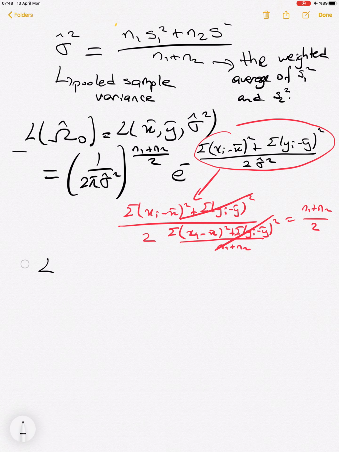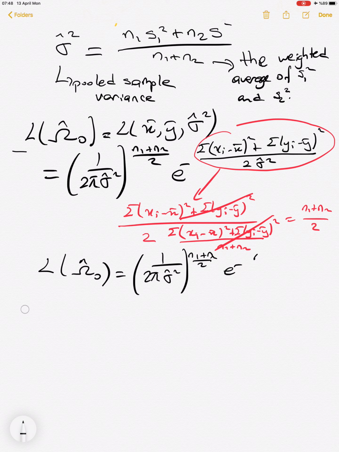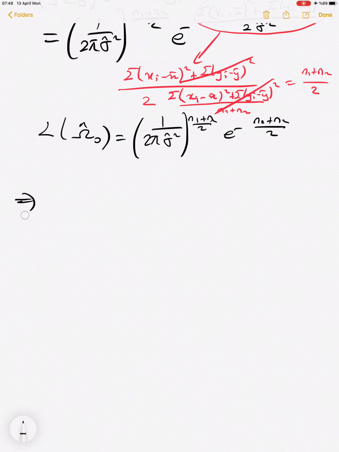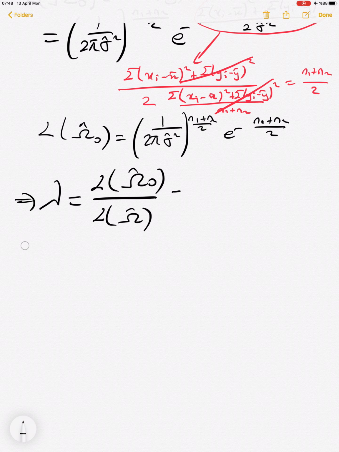Then our maximized likelihood function under the null hypothesis is this one. Then let's get the ratio lambda, which is the ratio of the maximized likelihood under the null over the maximized likelihood under the whole space.